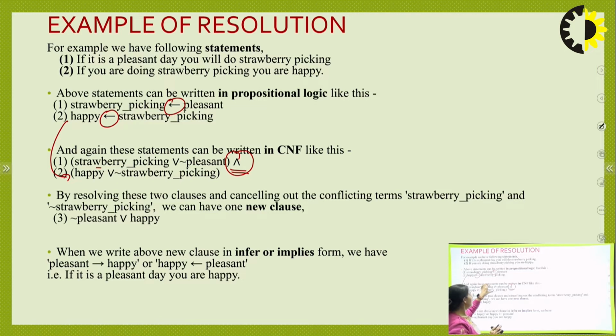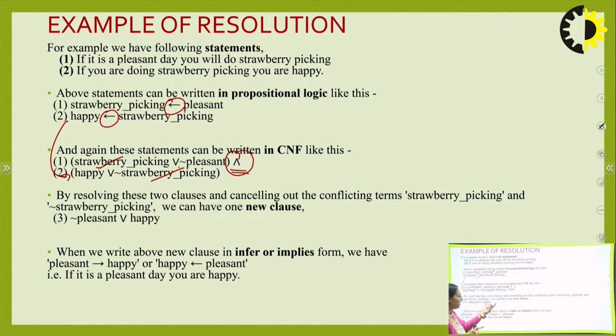After taking these statements, I try to cancel out the conflicting terms. Conflicting terms are terms where something is being done in one sentence and not done in another sentence. If you see that strawberry picking is coming here and not strawberry picking is coming here, I can cancel out these two terms. These are the conflicting terms, and I'm cancelling them out. Finally I am left with not pleasant and happy.